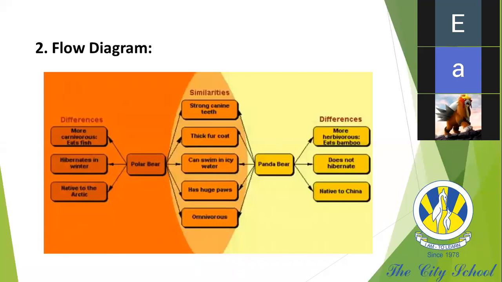Polar bear and panda bear, yes. See, in a flow diagram the similarities are in between again, and the differences of polar bear are here and of panda bear are here. So this is how you organize your information in a flow diagram.